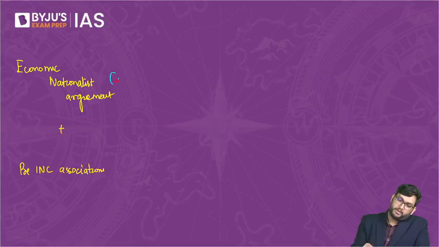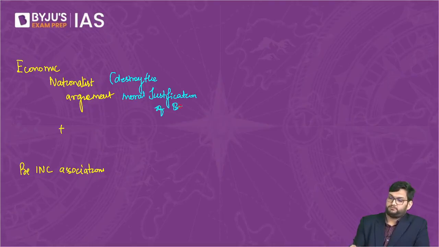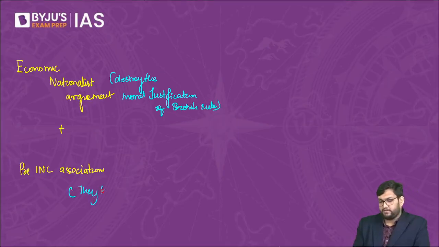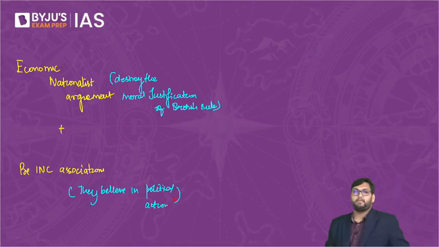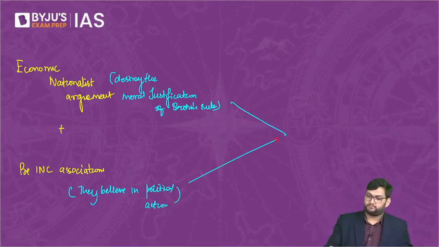They destroy the moral justification of British rule, and they believe in political action. If we bring these two things together, what we get is the formation of INC as a pan-Indian body.